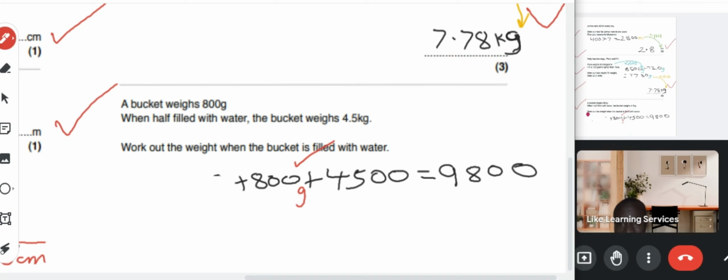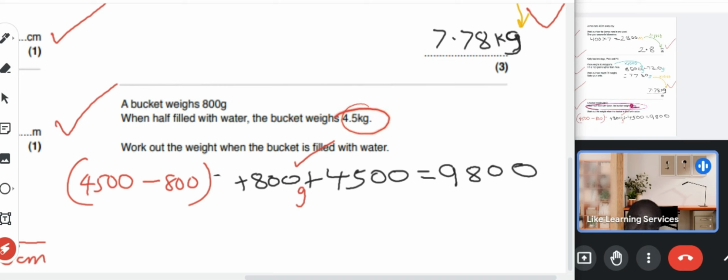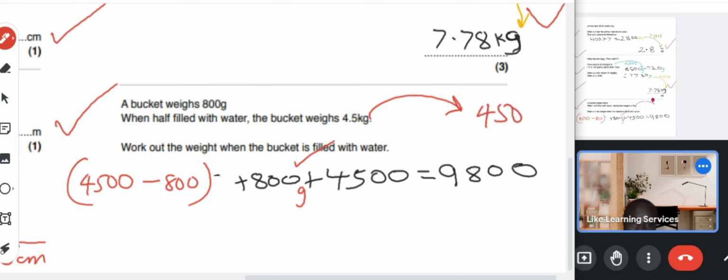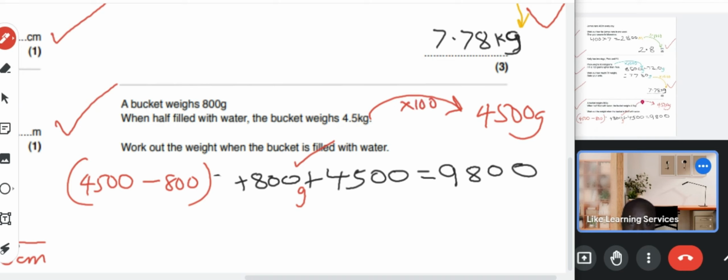Did you understand what I did? 4,500 minus 800 before you add to the 800. Because the weight of the half-filled pocket, the pocket together with water, is 4.5 kilograms, which is actually 4,500 grams. I know you multiplied by 1,000 to change kilograms to grams. But you need to know the weight of half of the water.